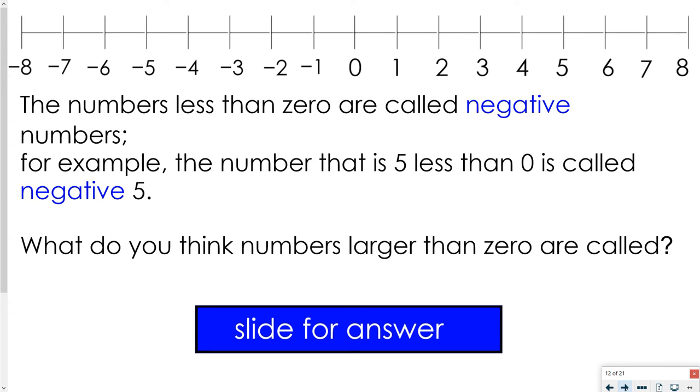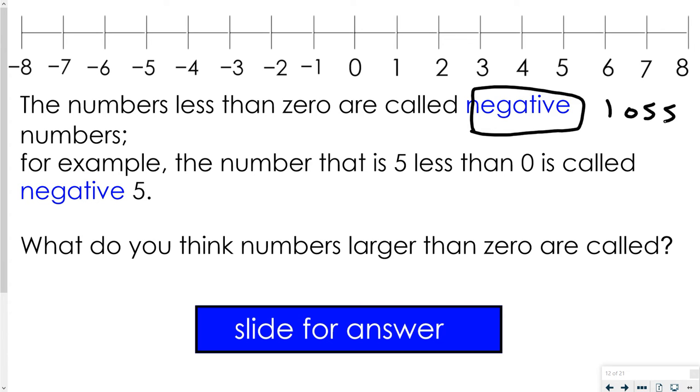So our numbers can be rearranged in terms of gains and losses. But mathematicians like to have special terminology, so we use special words for gains and losses. Okay? Numbers that are less than 0 are called negative. So that would be a loss. So if you're talking about a loss, it's a negative number.